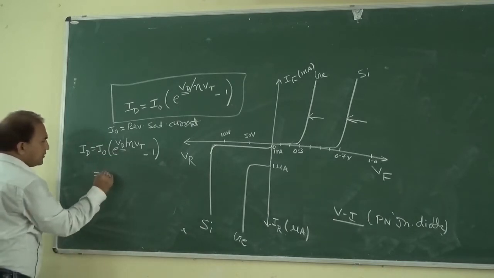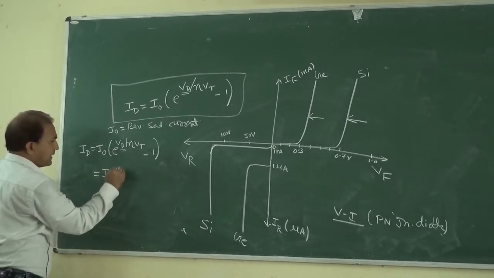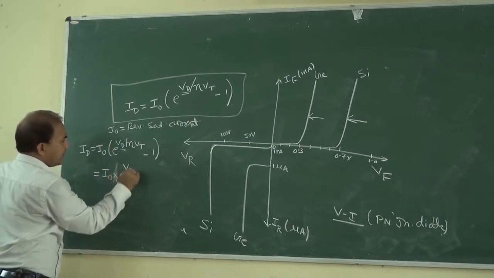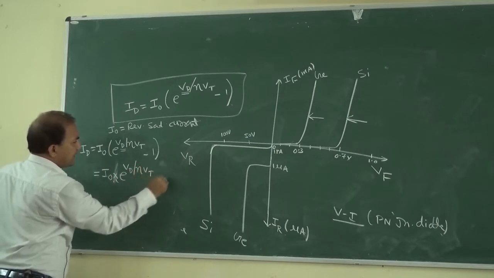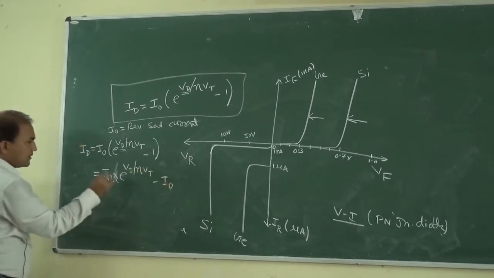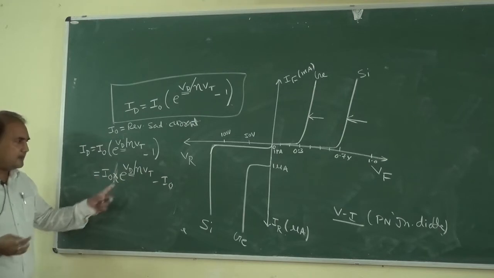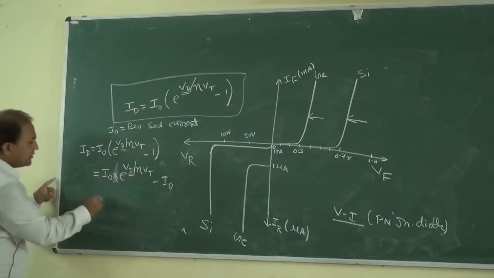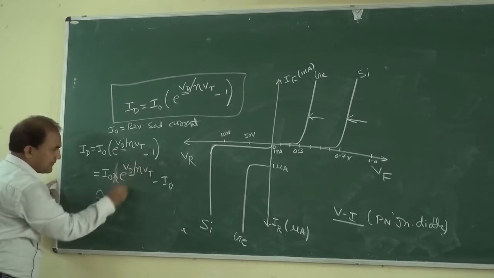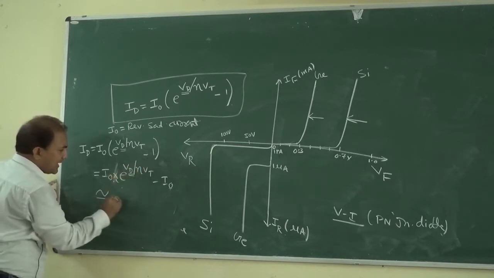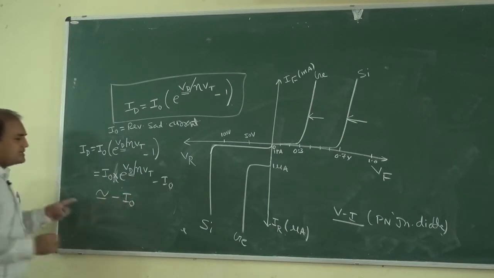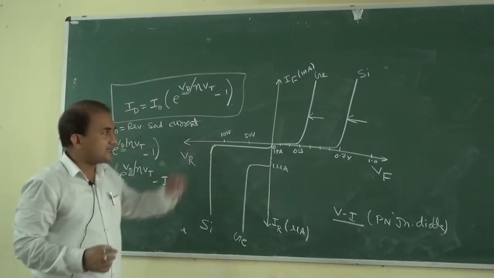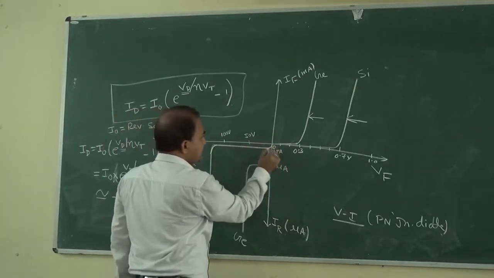So it is I naught into e to the power Vd by eta Vt minus I naught. If Vd is negative, then the exponential of a negative quantity is very small, so it is approximately equal to 0, and this is minus I naught, meaning minus the reverse saturation current.